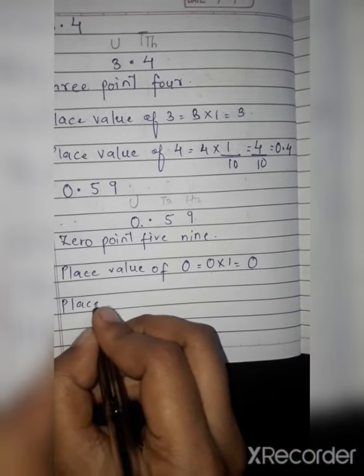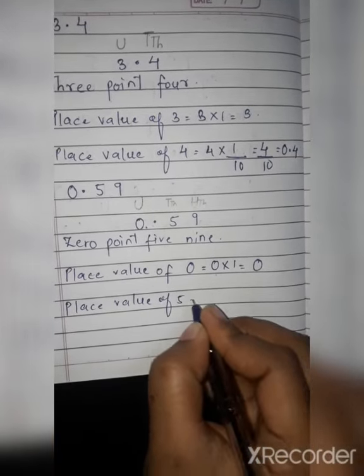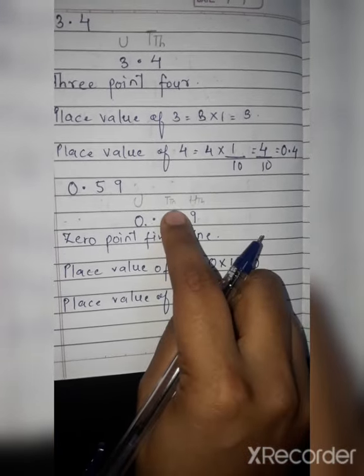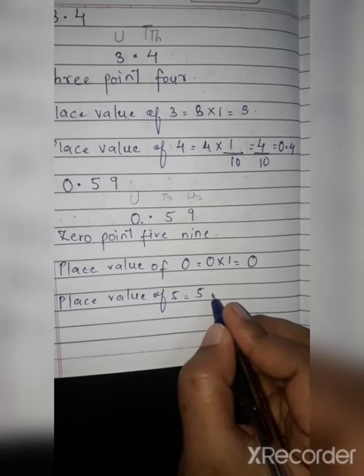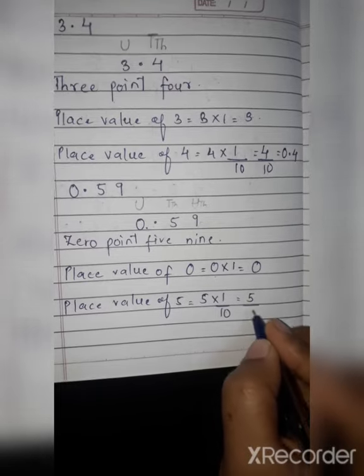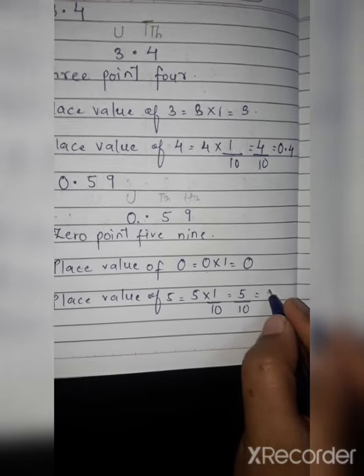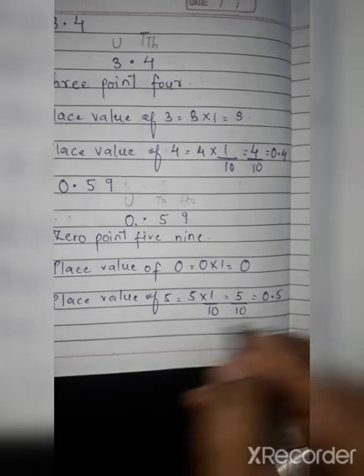Now place value of 5. 5 is at which place? Tenths place. So we multiply 5 by 1 upon 10. It becomes 5 upon 10. Your answer will be 0.5.